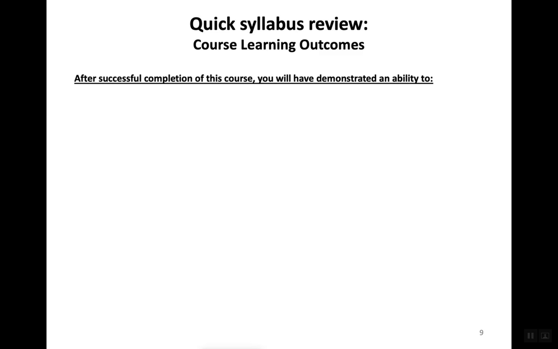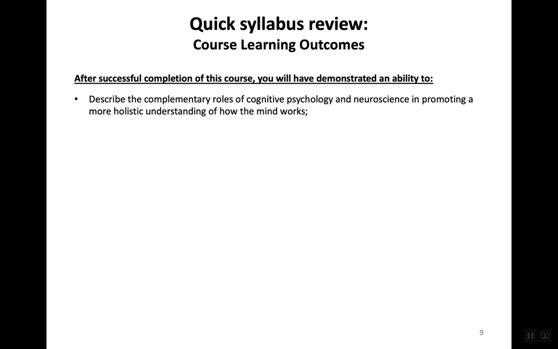Now though, before we move any further with the course material, I want to take a couple of minutes to review briefly the syllabus. And I'm going to start by reviewing the course learning outcomes and try to motivate their value. So after the successful completion of this course, we hope that you will have demonstrated the ability to first describe the complementary roles of cognitive neuroscience and psychology.